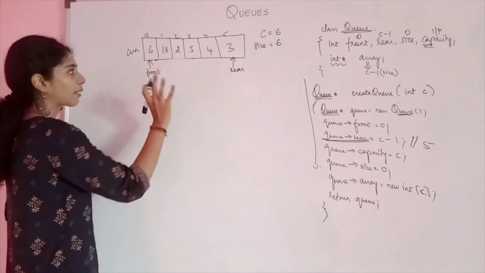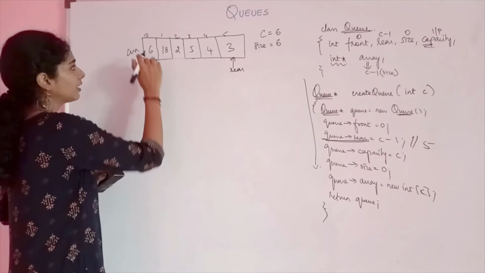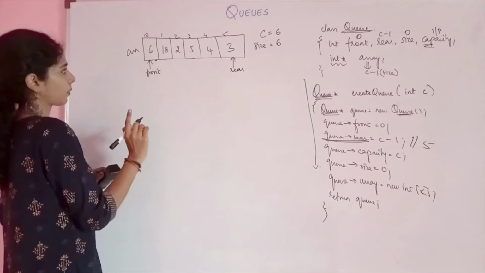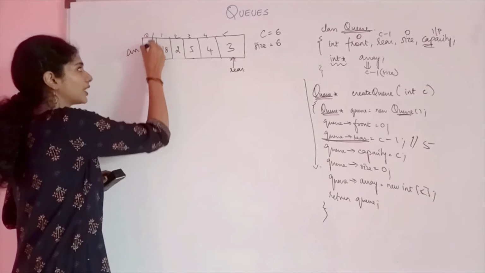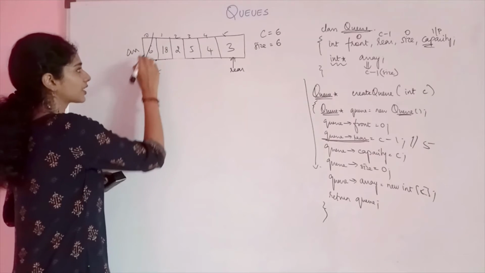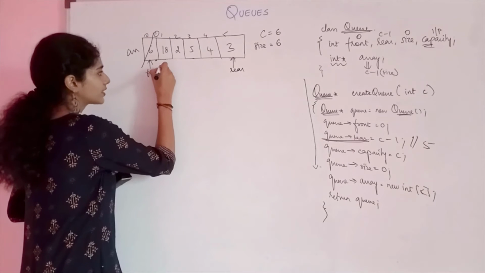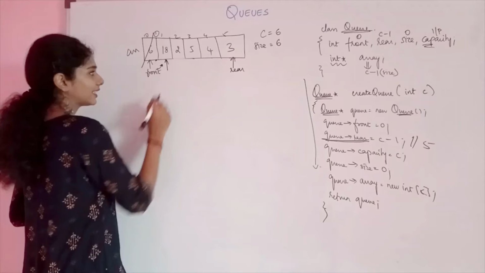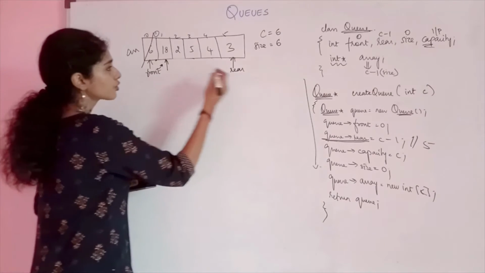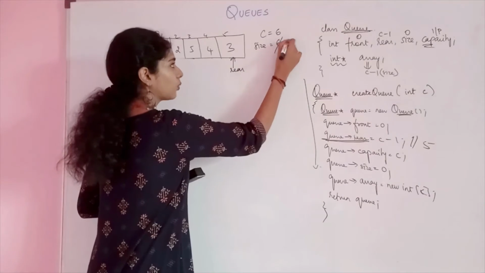When I perform the DQ operation, 6 will get deleted. Firstly the element gets deleted, and then the front will start to point to the element 18. The size will get decremented.